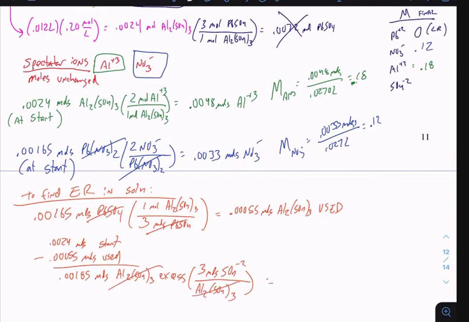So 0.00185 times 3, 0.00555 moles of sulfate are excess, and I have one more thing to do before I complete my table of molarities. What do I need to do with this number? Divided by the volume, yes.